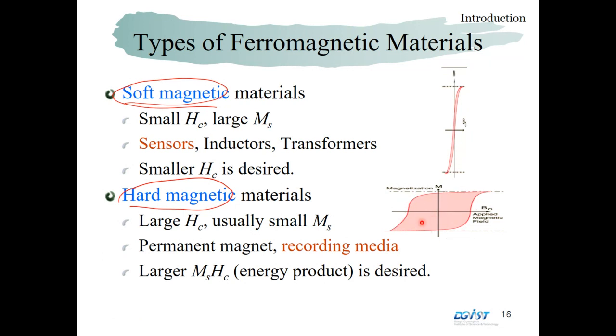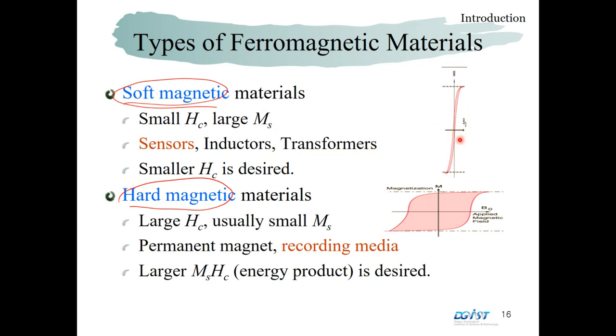And this one is the typical image curve shape. And this kind of material we call the soft one. Soft means if you apply the magnetic field, the state of magnetic moment is very easily changed. So this kind of material is very useful for sensors, inductors, or transformers.